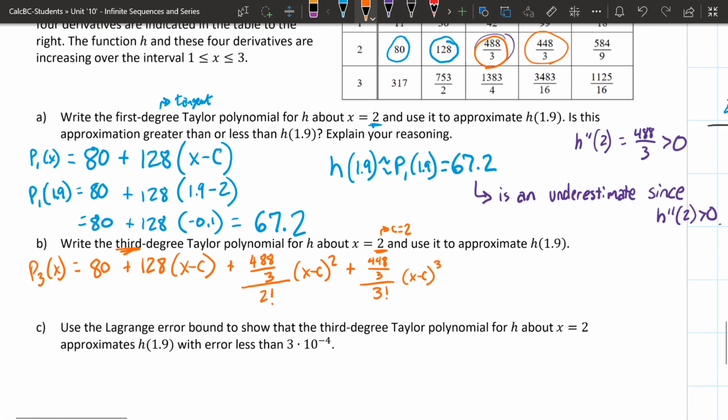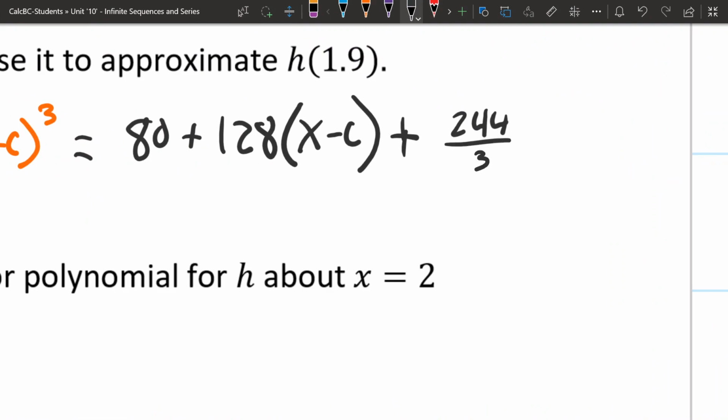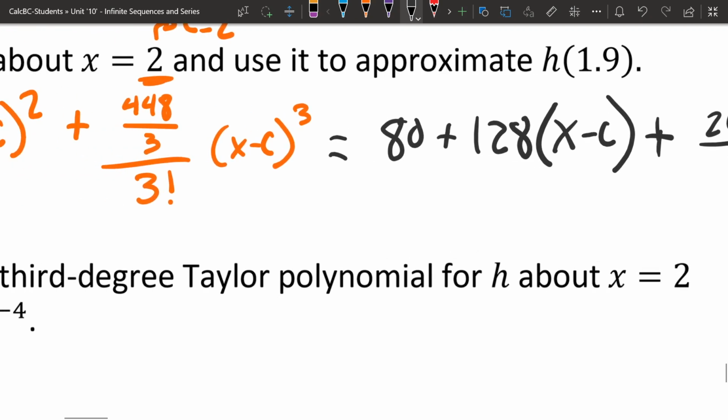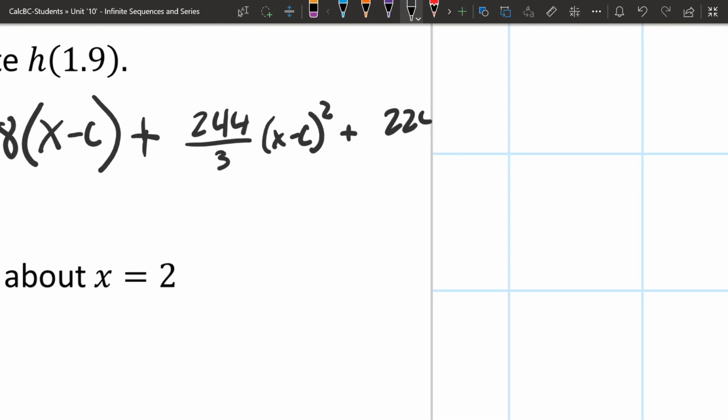All right, so simplify that a little bit. Let's see, 40 over 2, that's going to be 20, plus 44 over 3 times x minus c squared plus, and then if we simplify that last term, we can simplify that to 224 over 9 times x minus c cubed.